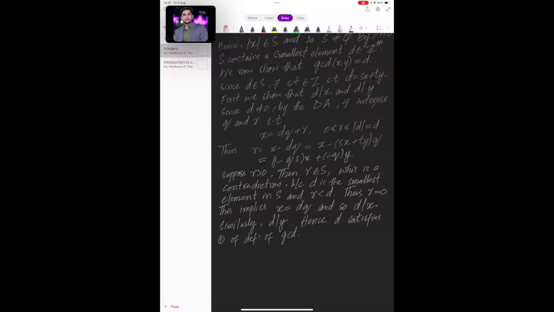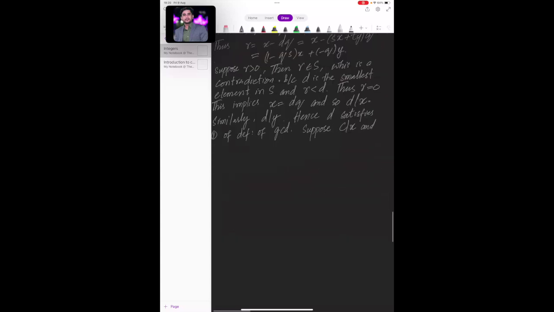Suppose C divides X and C divides Y for some integer C. Then we know that C also divides Sx plus Ty because we have mentioned this before.